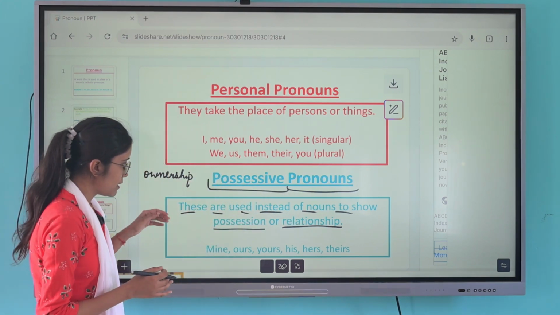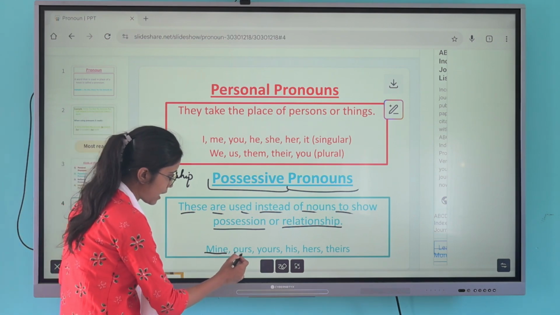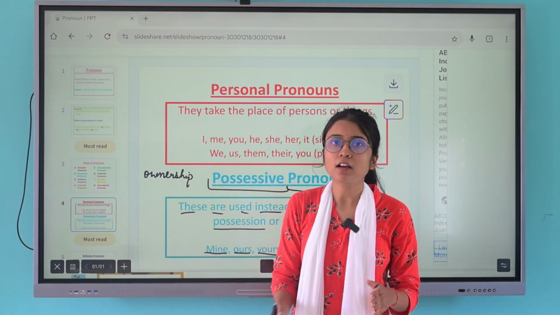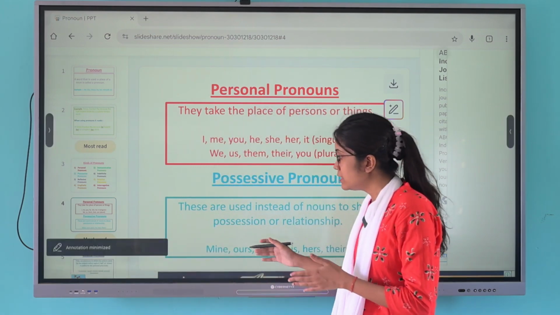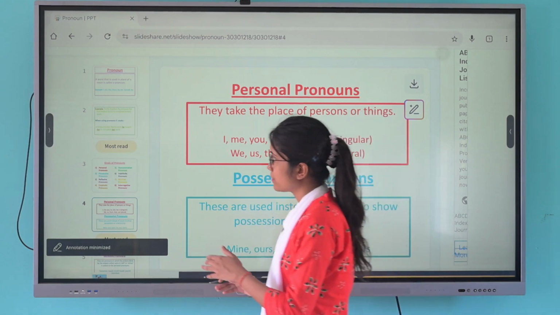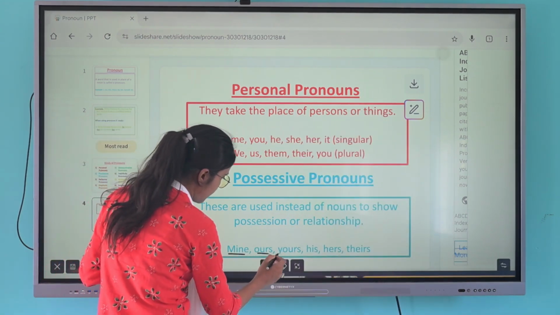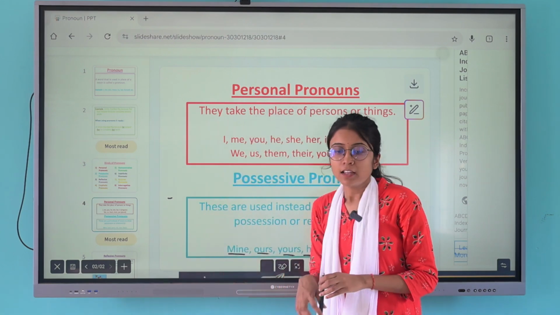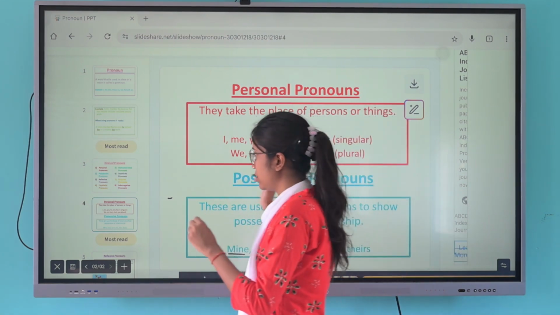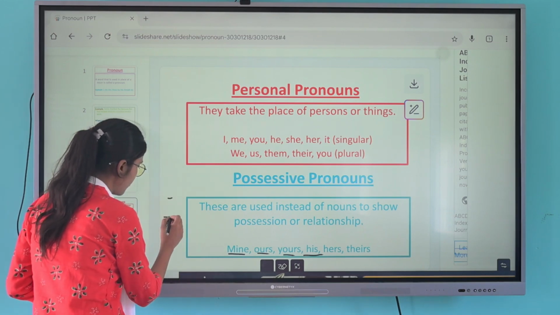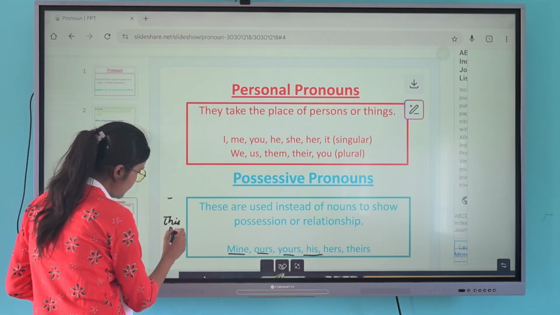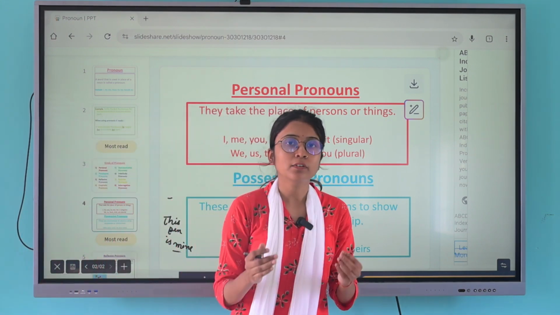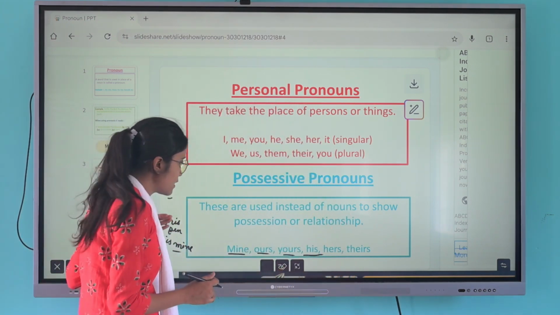So what are the examples? Let's see. That is mine, ours, yours, his, hers, theirs. We will use these examples in our sentences. Like, this pen is mine, because this pen is related to me, so that's why I have written this pen is mine.